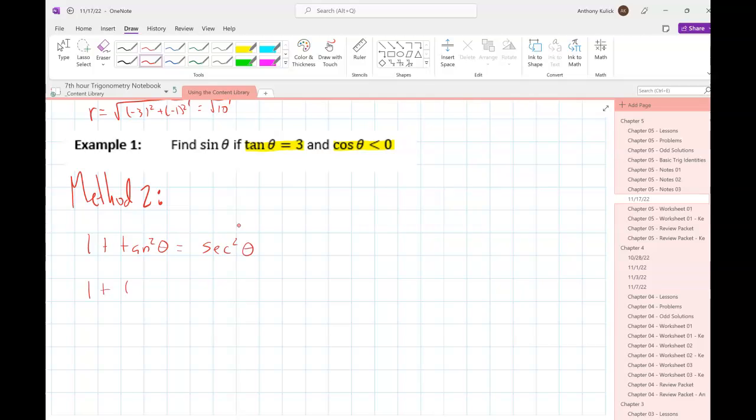So I know that tangent theta is 3. One plus 3 squared is 10. Now to solve for secant, I would square root both sides. When I square root both sides, that creates a plus or minus.